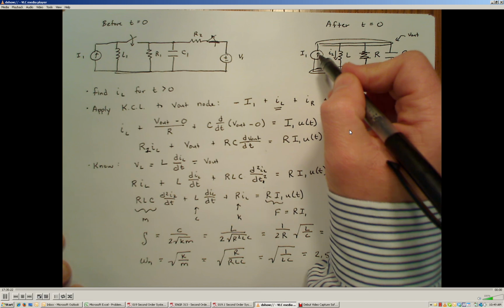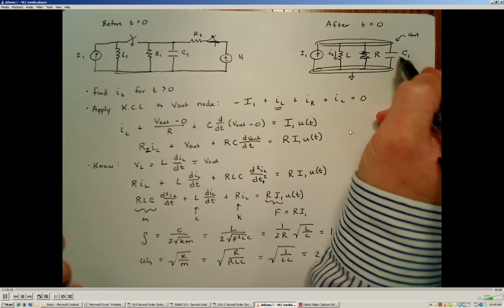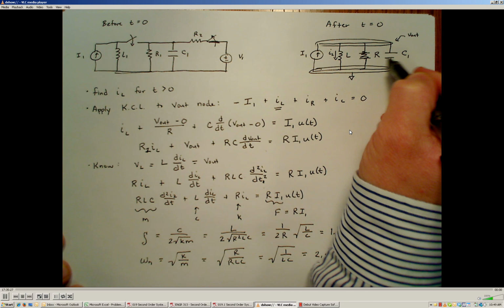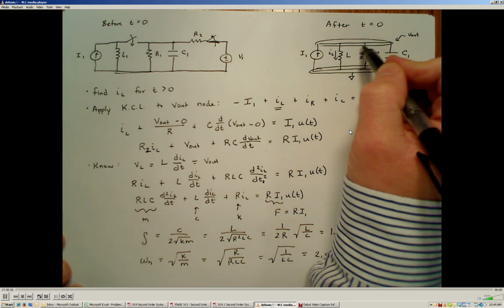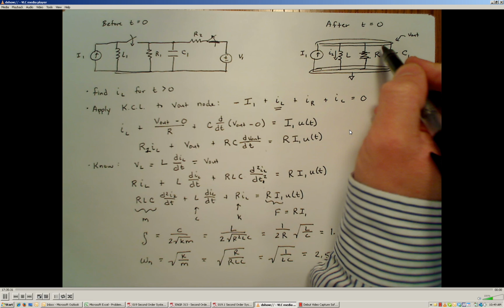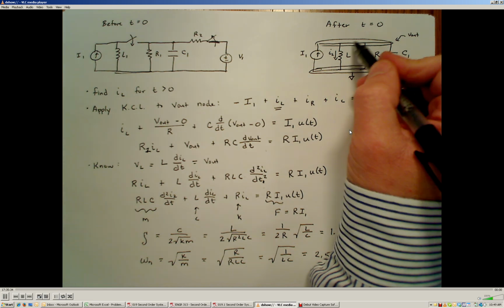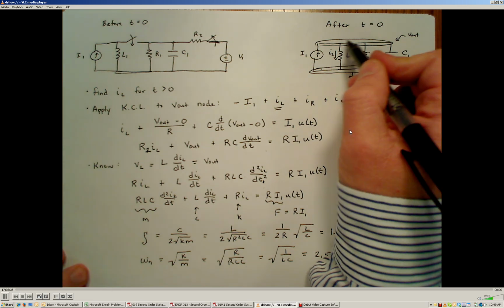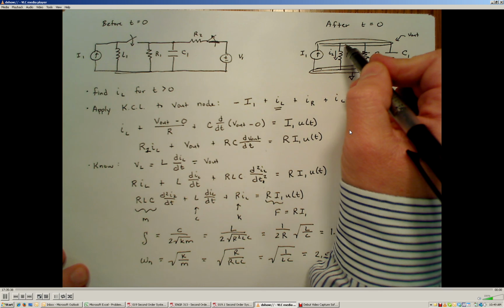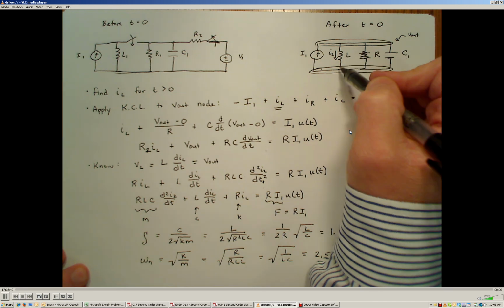So some of the current that's being dumped out of this tank will initially not be able to go through the inductor, but after a little bit of time, since we have a larger potential across the inductor, we're going to get some increased flow of current through this inductive element.